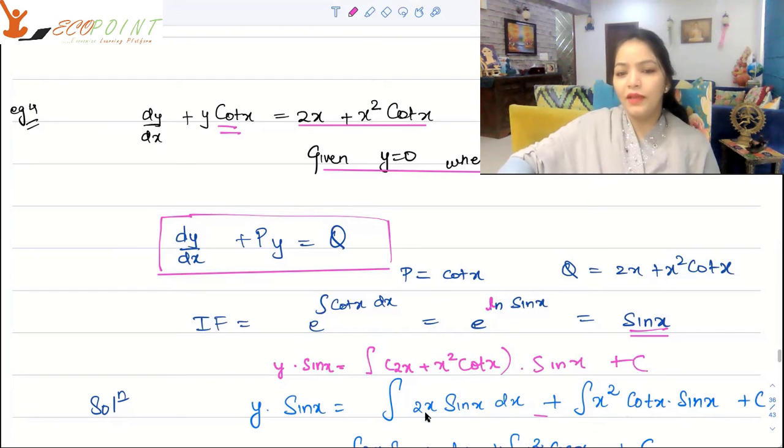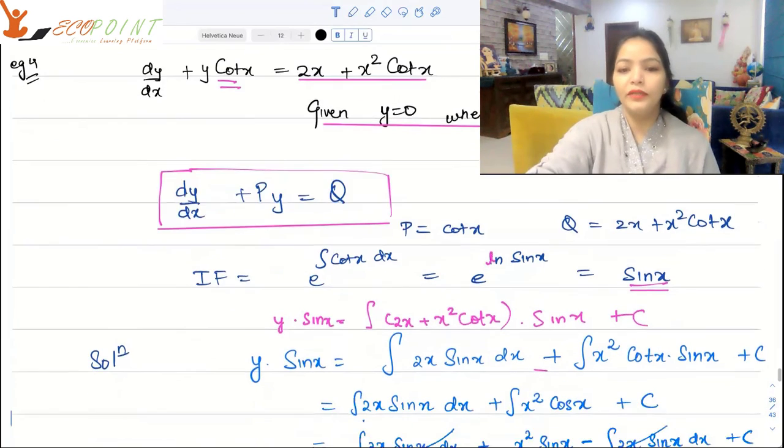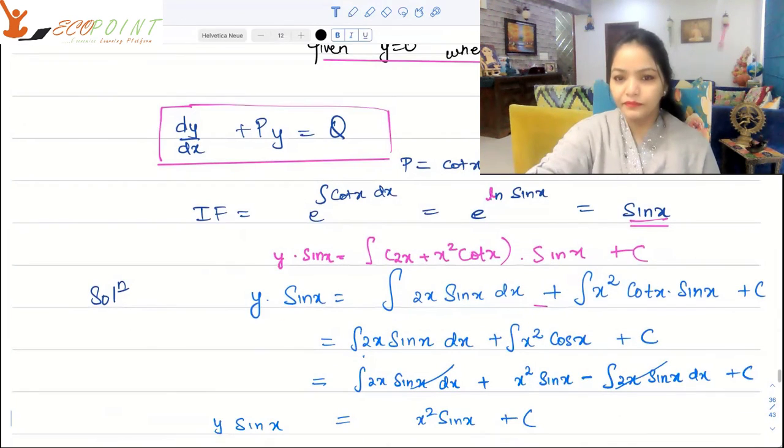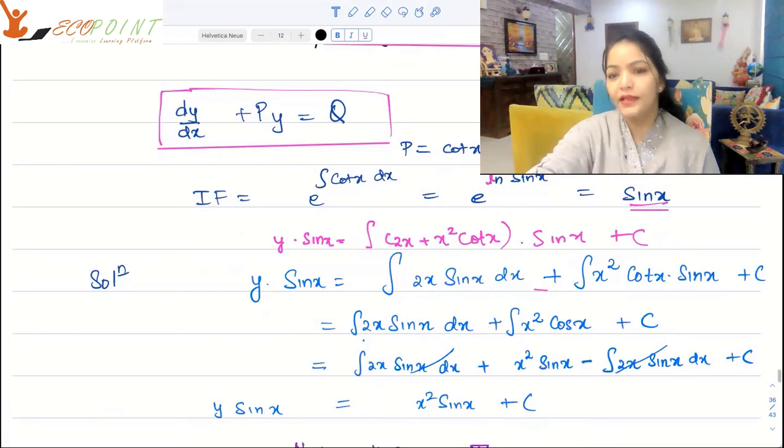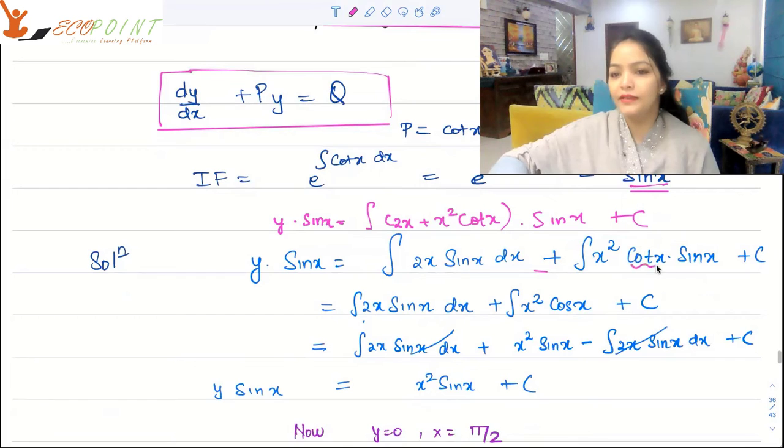In the next step I've broken up the sum, so this is what you get. So you have to integrate 2x sine x, and cot is basically cos upon sine, right? So if you mention cos upon sine here, the sine will cancel. Cot is cos upon sine, so into sine will give you just cos. So this is integral 2x sine x dx plus integral x square cos x dx.